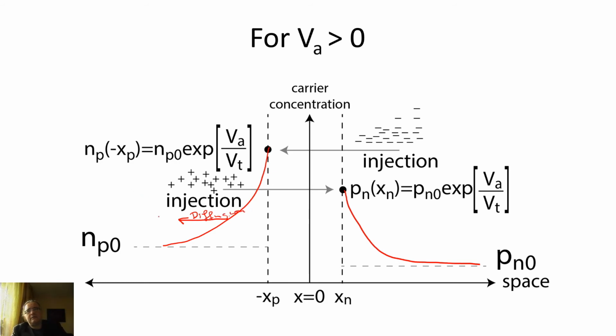And here the diffusion current of holes, so this is diffusion current of electrons, this is diffusion of holes, will propagate on this side. And this will actually constitute the current that is flowing through the PN junction.